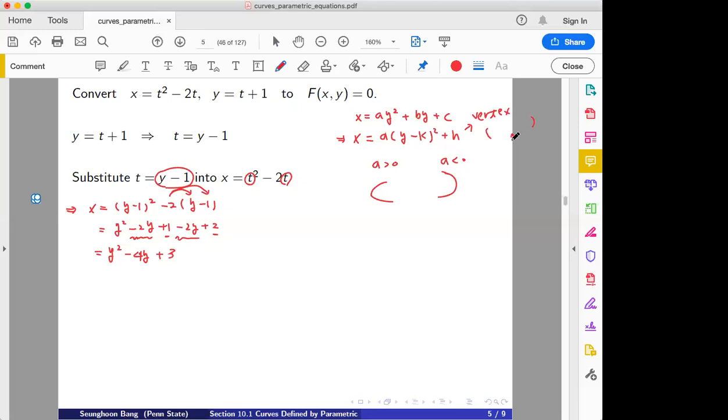What's the y component? What do you think? x equals a times (y minus k) squared plus h. So what's the vertex of this parabola? You can find the exact vertex, right? How can you find this vertex? Do you have any idea?